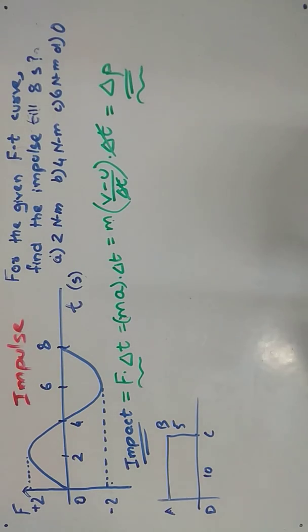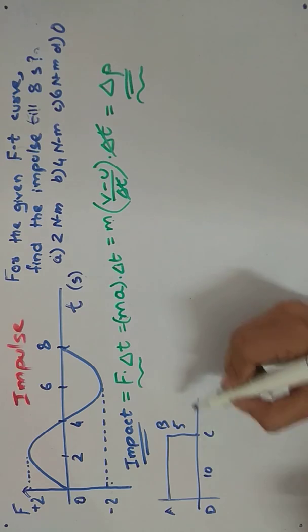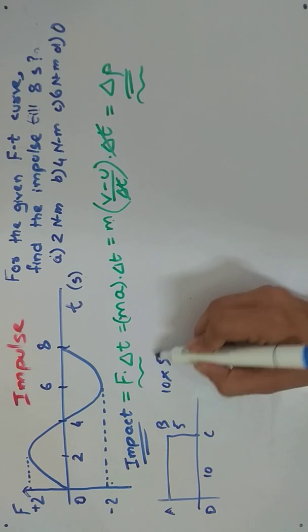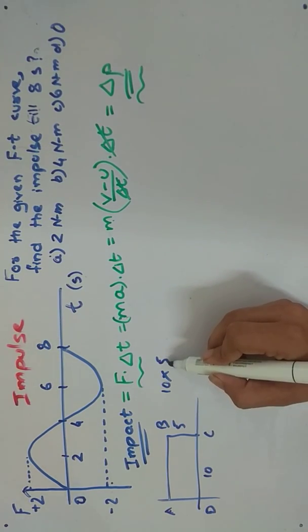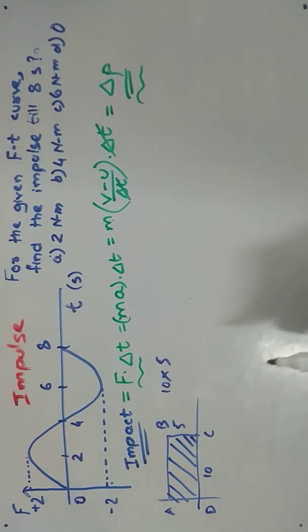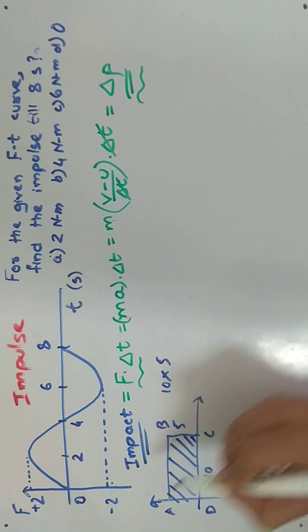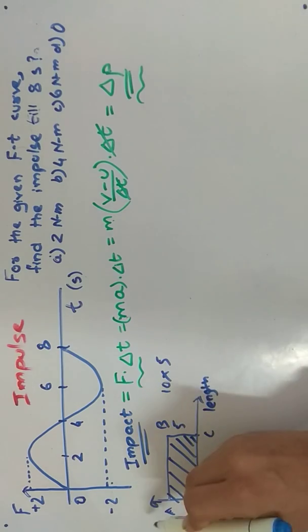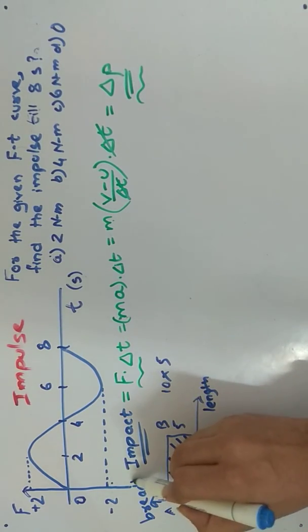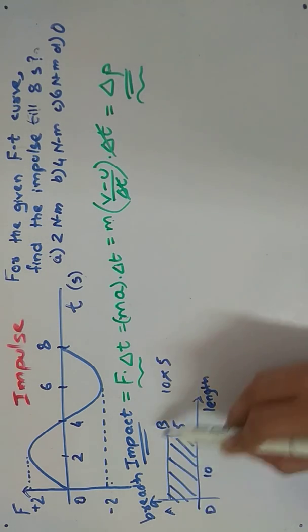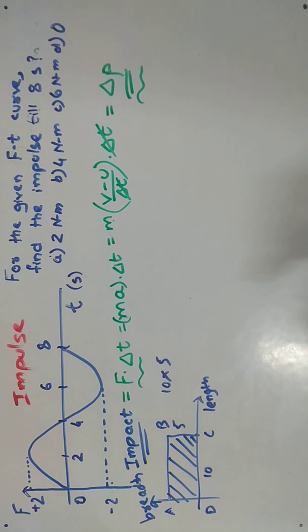If someone says find the area, what we do is multiply length 10 into breadth 5, and that is nothing but the area. If you see in this graph, the length was on the x-axis and the breadth was on the y-axis. So simply, if you multiply the x-axis into the y-axis, you get the area underneath the curve. That should be understood now.